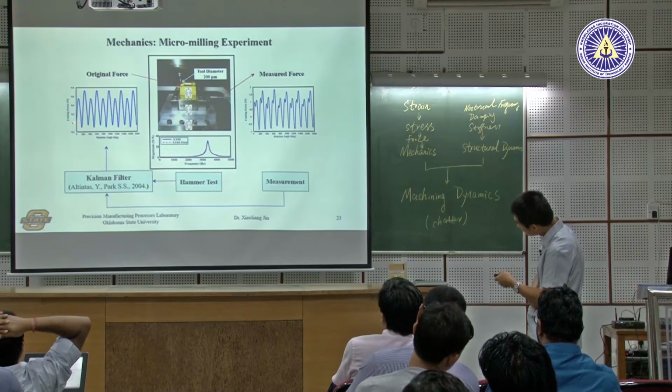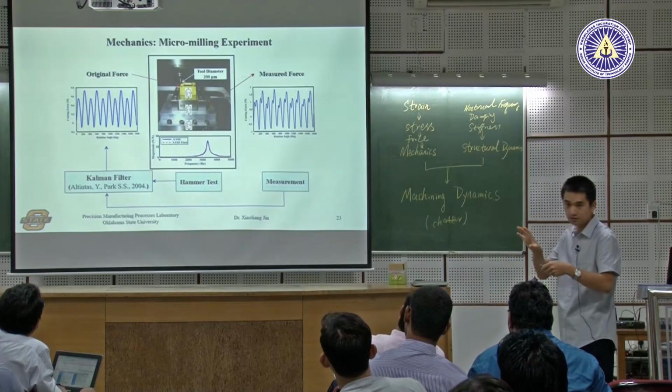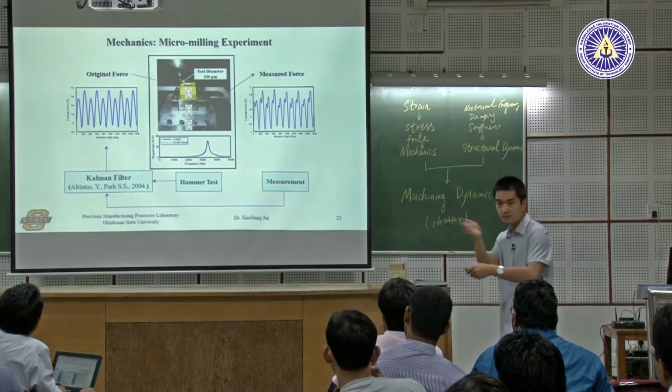Yeah. Okay. So what we did is, luckily, our colleague who graduated before did this for the spindle measurement. They used a Kalman filter, which is from control theory. So if we know the dynamics of the measurement system, we're able to compensate from the measured force back to its original one. So I borrowed their algorithm, and we have this measured force. What I did is, before each test, we do a hammer test again.